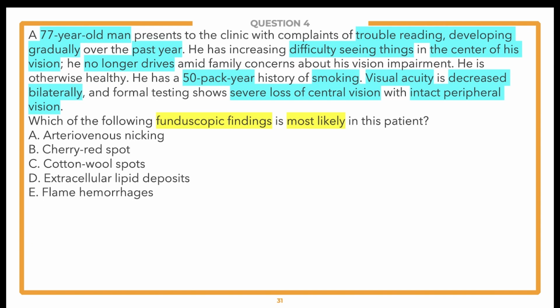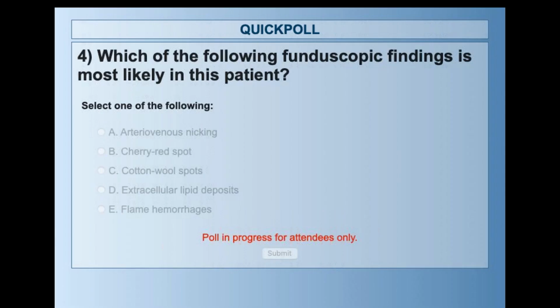So we're launching the poll here. Let's see if we can close strong here. Which of these fundoscopic findings do you think is most likely in this patient? We've had a good set of neuro questions tonight, and again, you guys have done a really nice job.